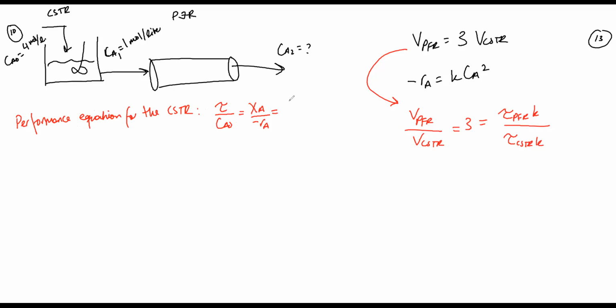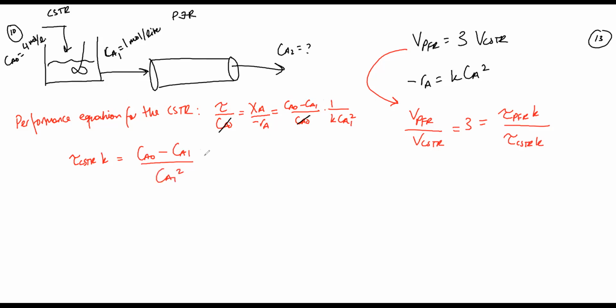If I write the definition of XA, which is CA naught minus CA over CA naught, and the equation of RA, which is K CA squared, and this is exactly what we did during the last problem, CA naught cancels with CA naught, and I move K to the other side to get the performance equation for the CSTR: tau CSTR K is equal to CA naught minus CA1 over CA1 squared, using notation 1 here.